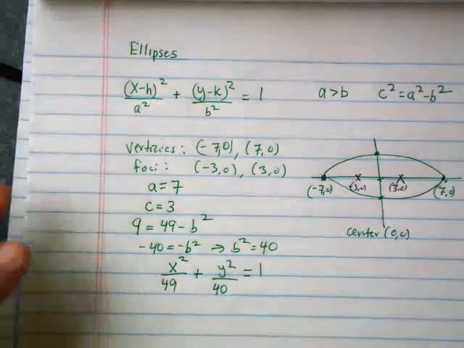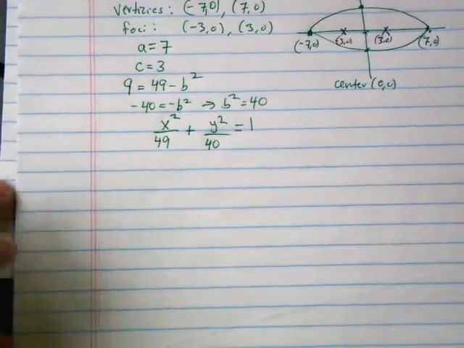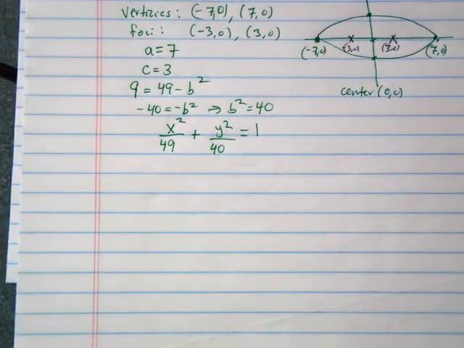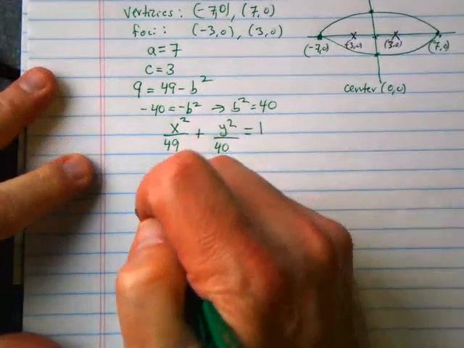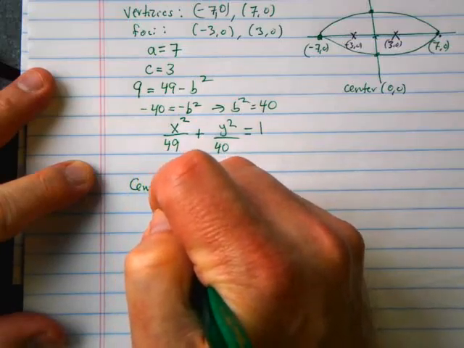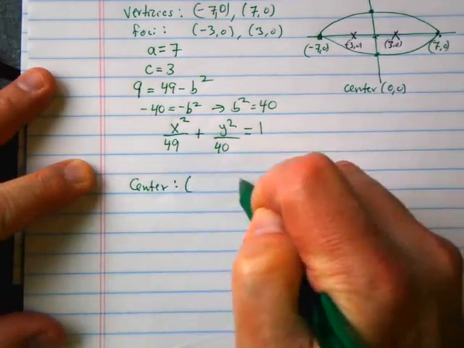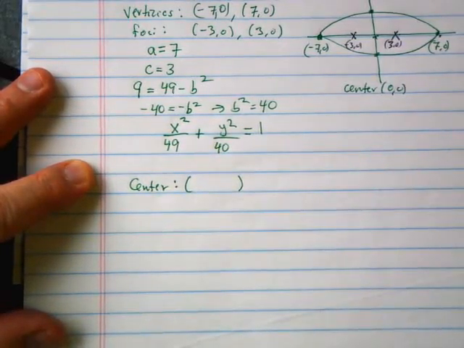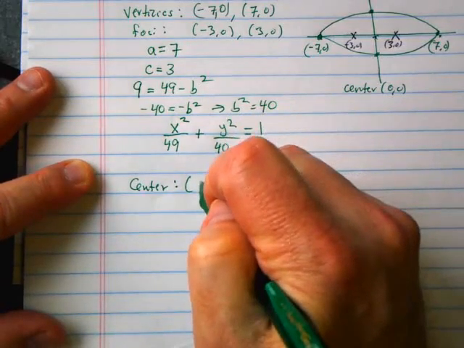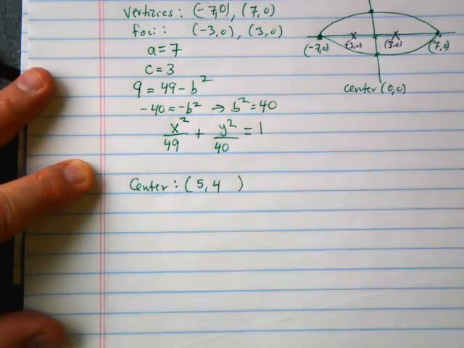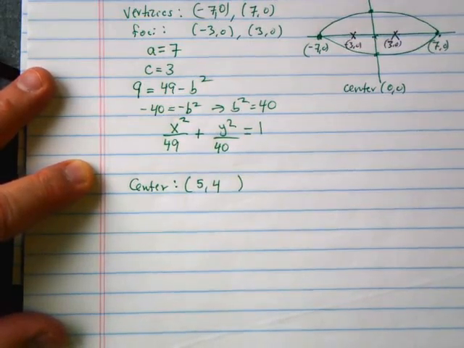All right. How about if I told you the center was, I don't know, somebody give me a nice point. What's your center? 5, 5. Let's make it 5, 4, just so they're different, so we understand where h goes and k goes.